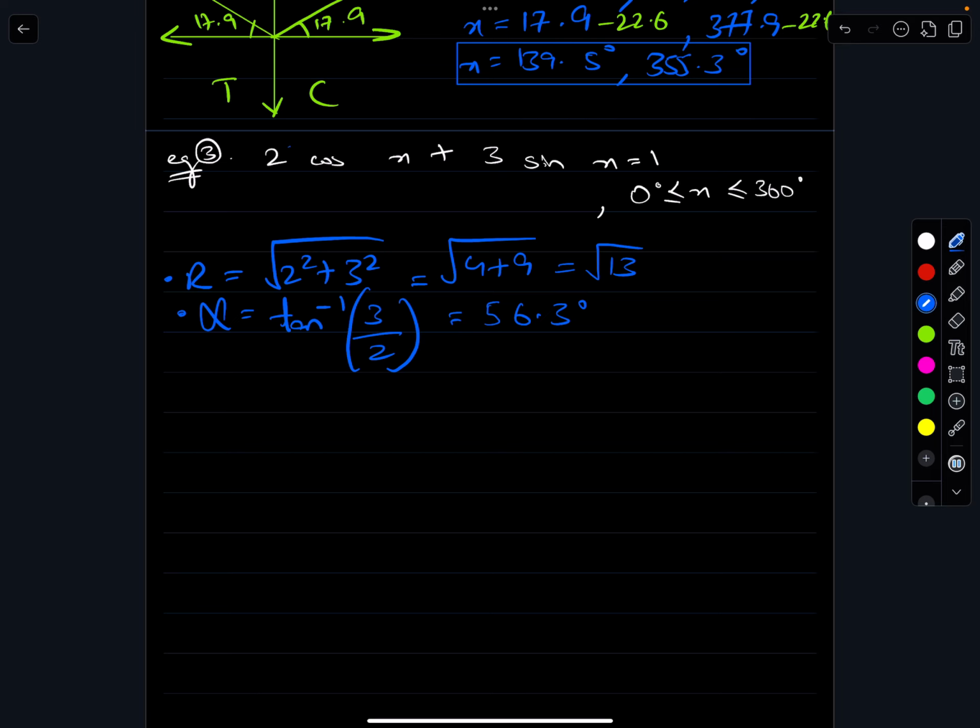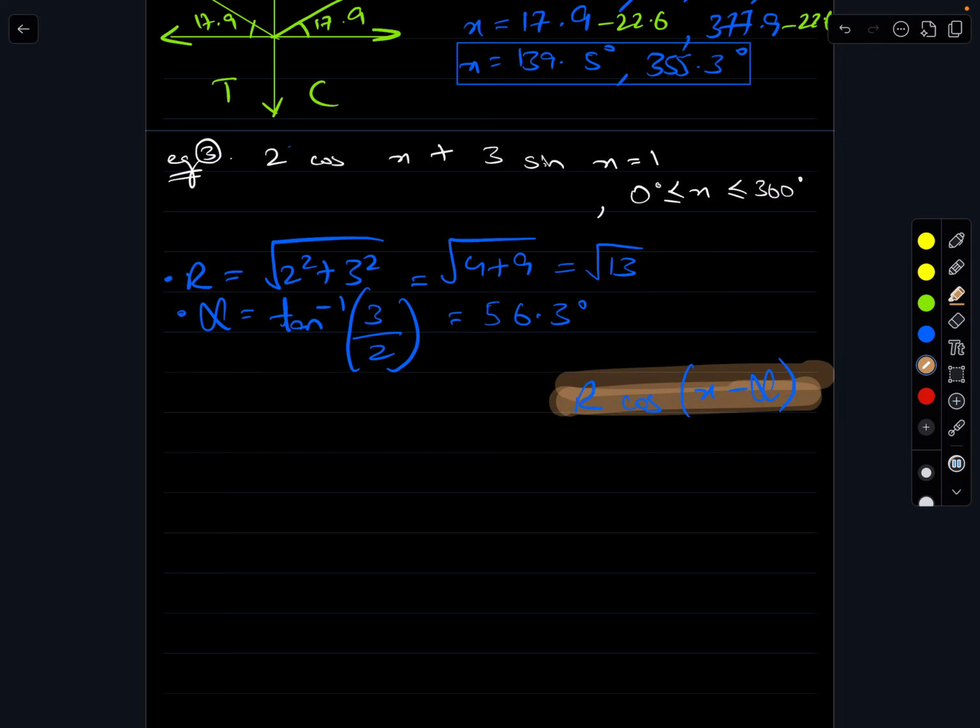56.3 degrees. The first thing you should have realized here is that we had a cos first, and thus we are converting this into a form like r cos. We have a plus here, thus x minus alpha. This is what we are converting it to.